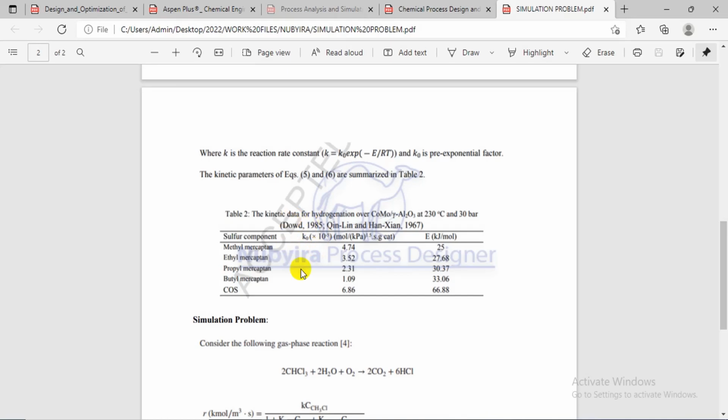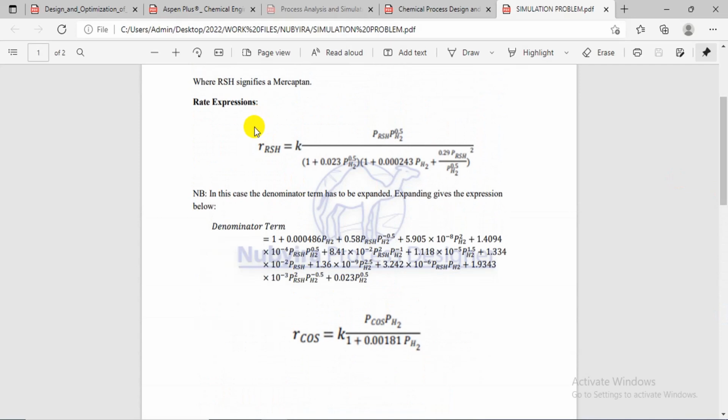The unit of K is dependent on the rate of the reaction, the rate unit, right? So for it to have G cat means that the rate unit also is in G cat, which means that this particular rate equation that we have here is based on catalyst weight.